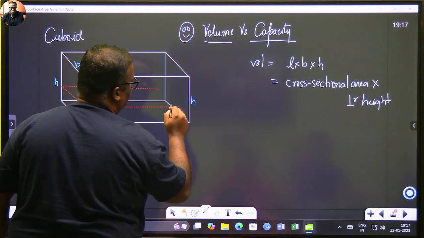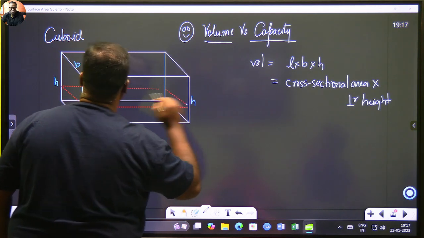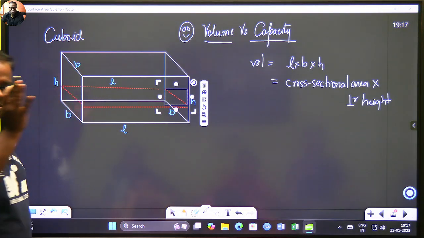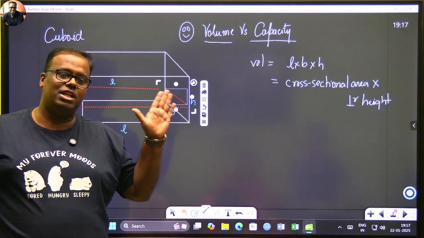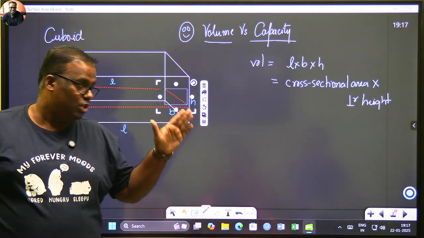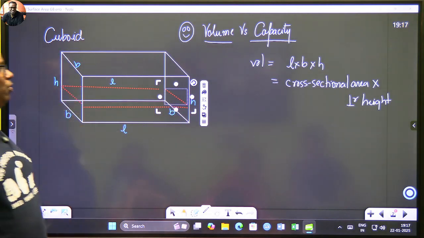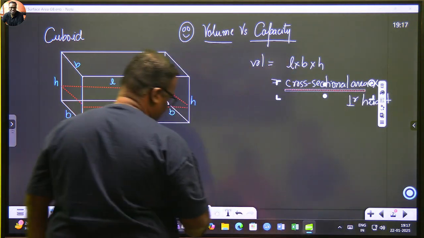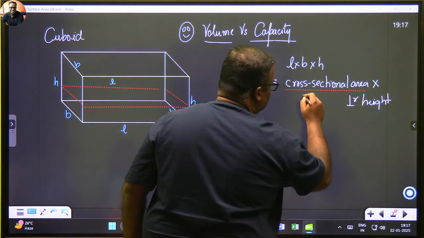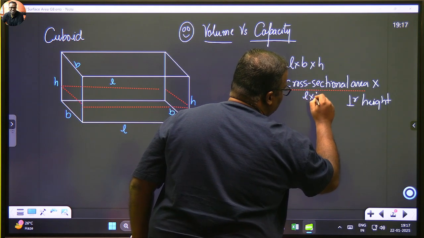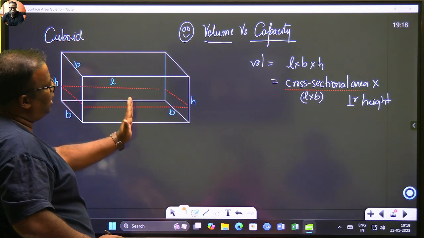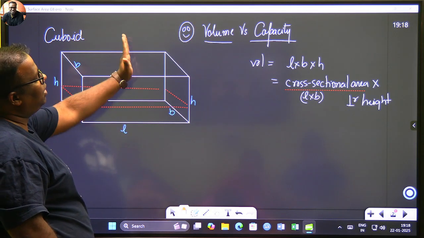If you slice it like this, then this red face will come up. Isn't the red face like a rectangle? Yes. So if we slice it horizontally, what we see is known as your cross-sectional area. And this cross-sectional area will be length into breadth, multiplied by the perpendicular height. So what is the perpendicular height?